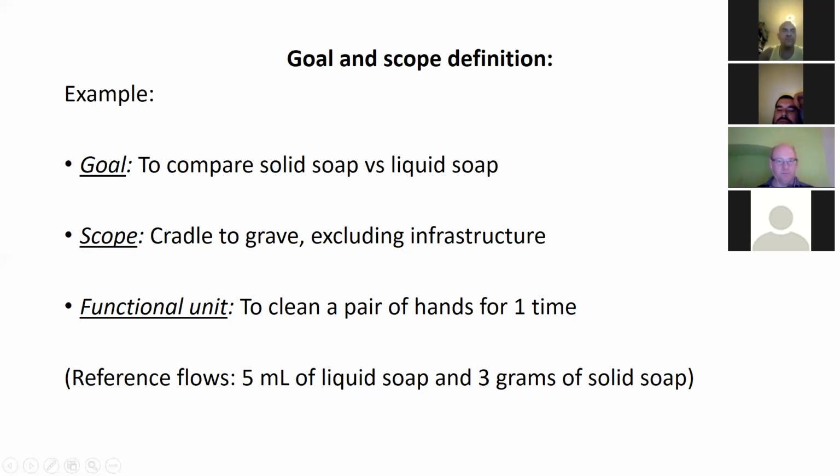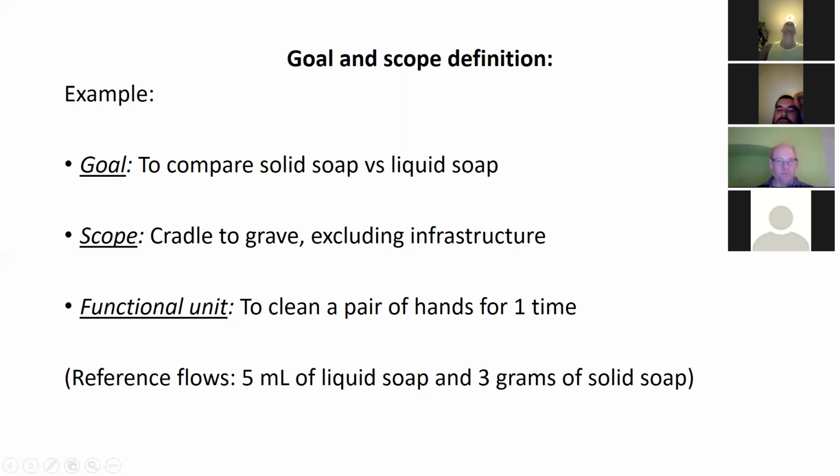So the scope is cradle to grave, let's say excluding infrastructure, the buildings factor or something, right? So the cradle to grave means from extraction of these raw materials to make the soap to where you dispose of it, right?